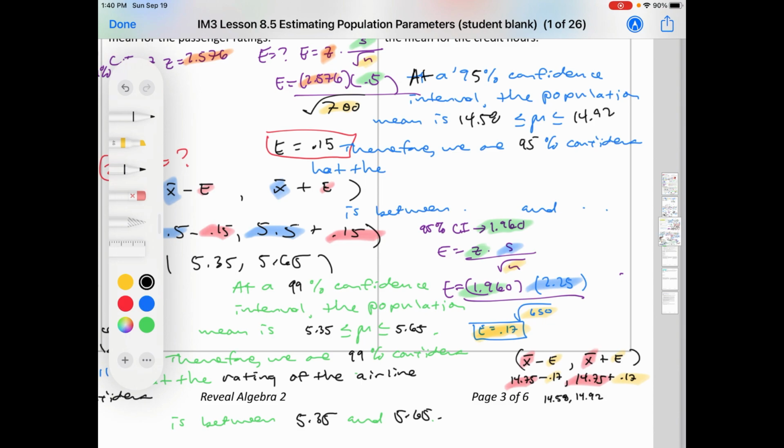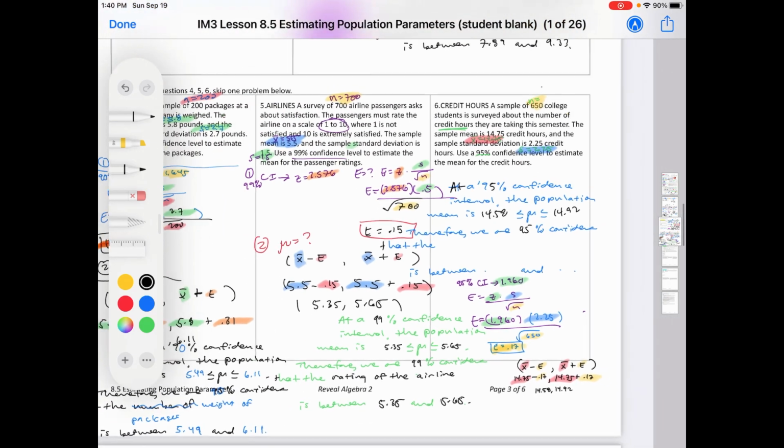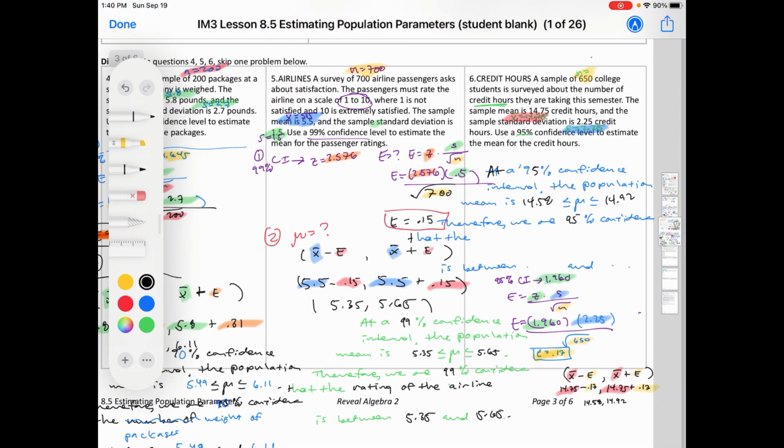Therefore, we are 95% confident that the number of credit hours taken by college students is between 14.58 and 14.92.